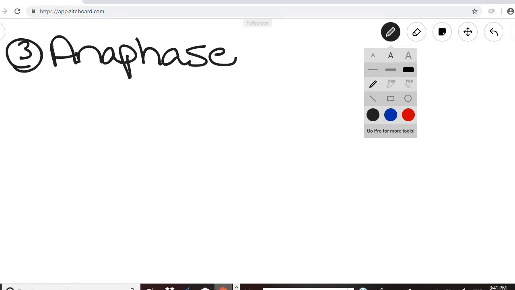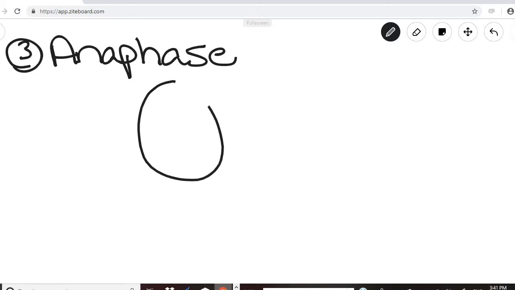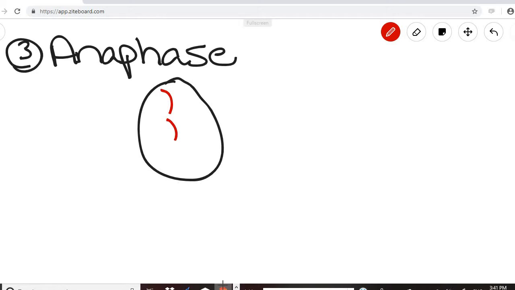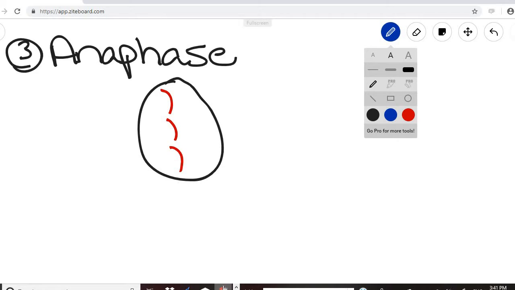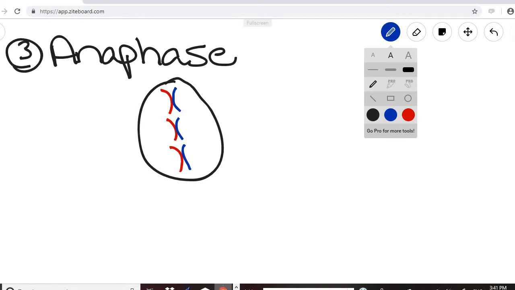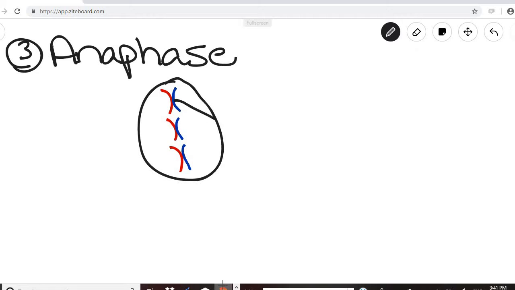Okay, so if we had them lined up in the middle, and the spindles are attached to them, like so.